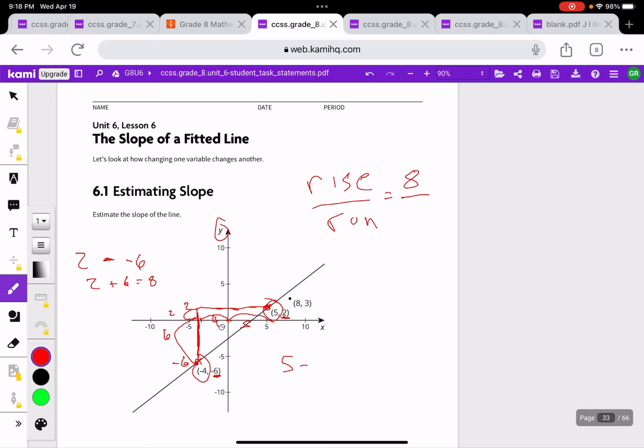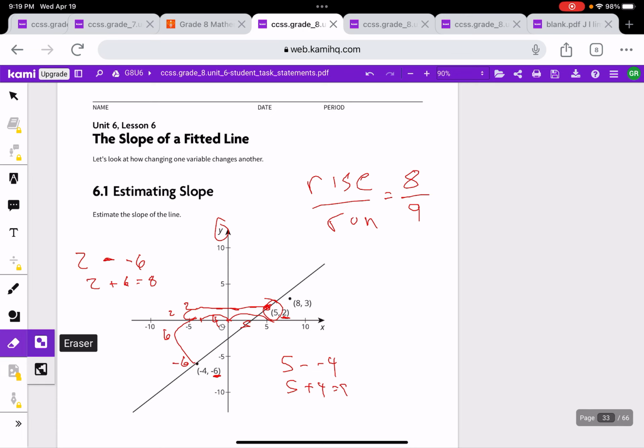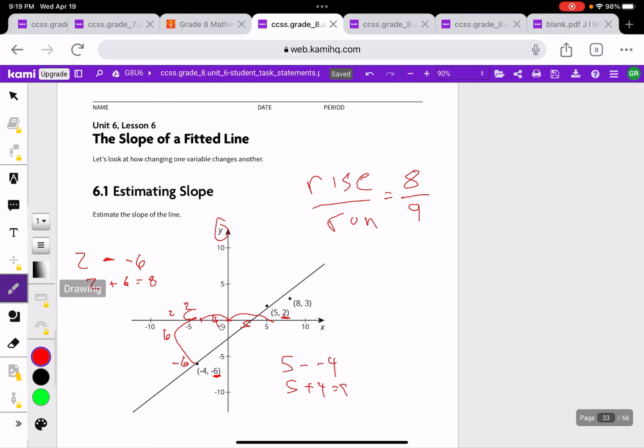So that's 9. 5 minus -4 is 5 plus 4. So I still get 9. So guess what? That's not exact, because if you notice, these dots are not on the line, but it says estimate. So to me, 8/9 is a decent estimate.